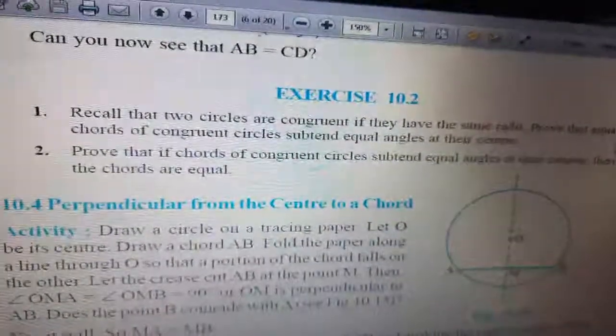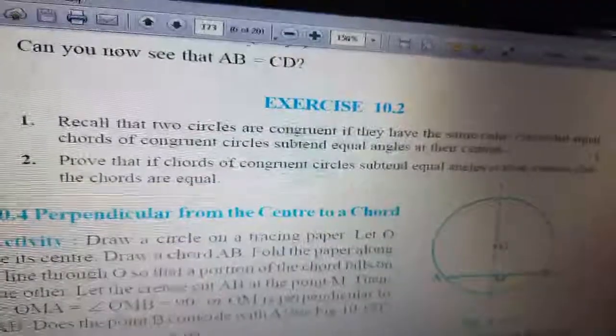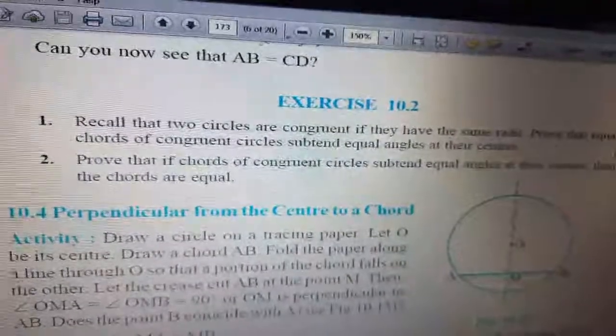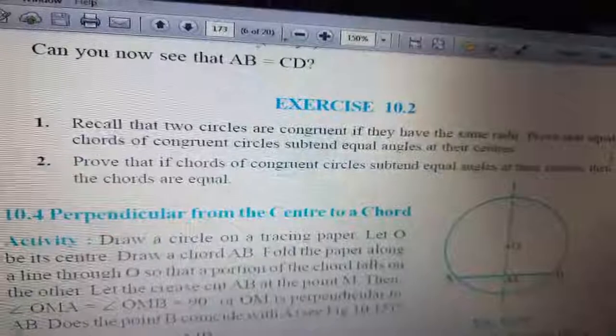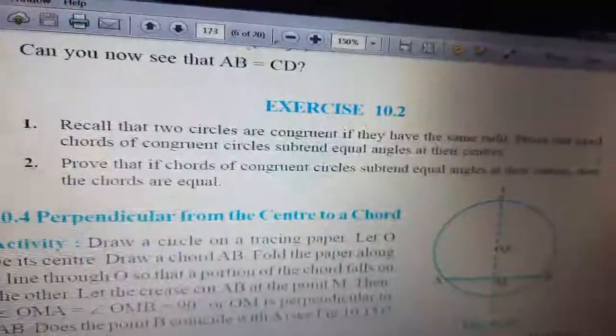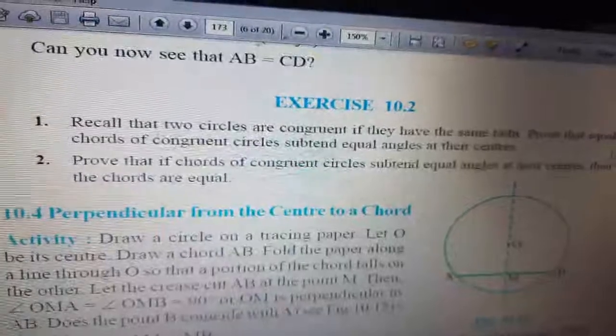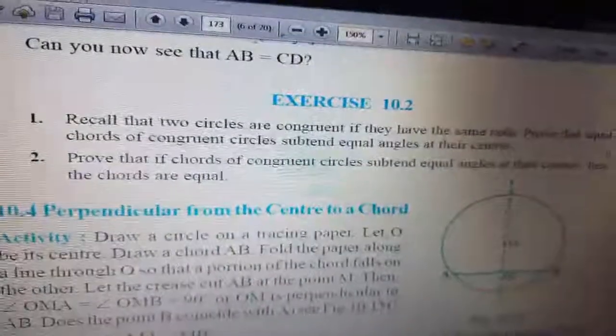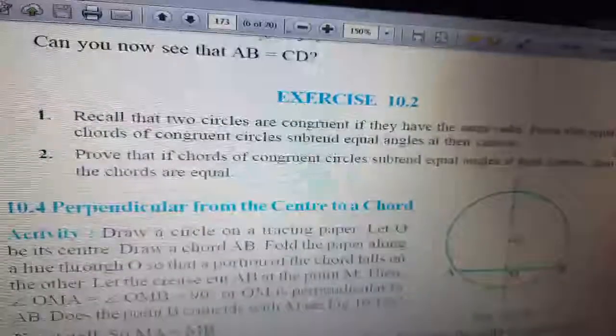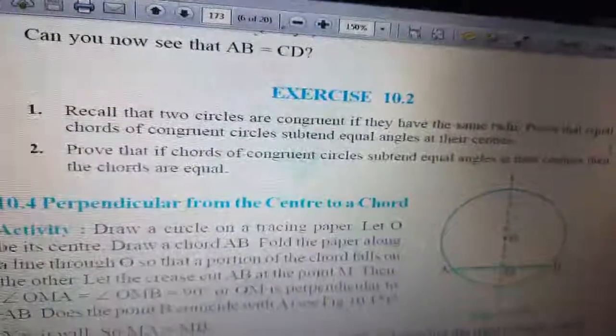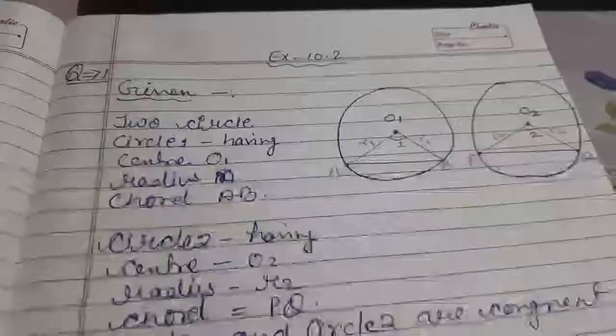In the same circle we were given two equal chords. But in this question number 1, we have two congruent circles, that means we have two different circles. Now how will we solve this question, let us discuss it.